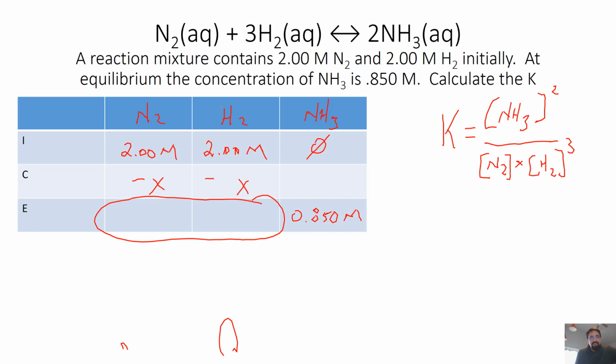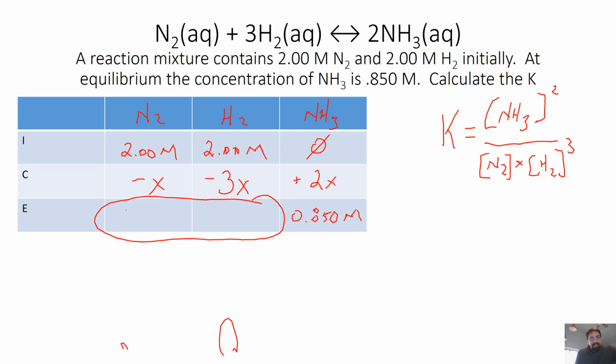There's a 1:3 ratio between these two reactants, the same ratio that's found in the balanced equation. So if I lose X amount of N2, I'm going to lose 3 times that amount of H2. What's going to happen to NH3 is that I'm going to gain 2 times that amount.